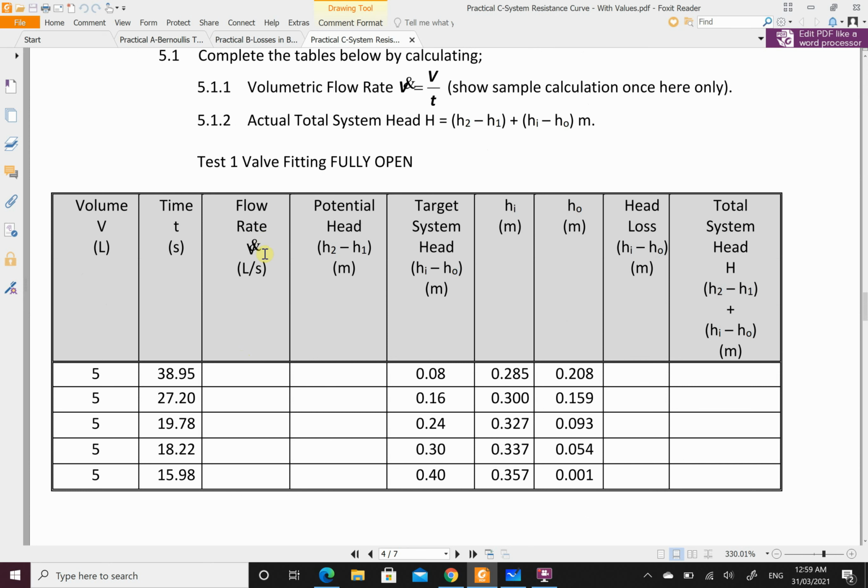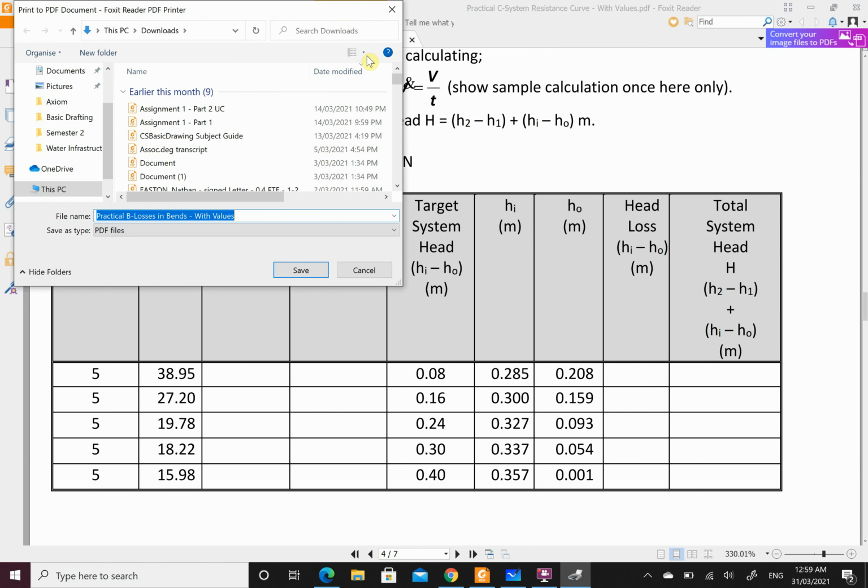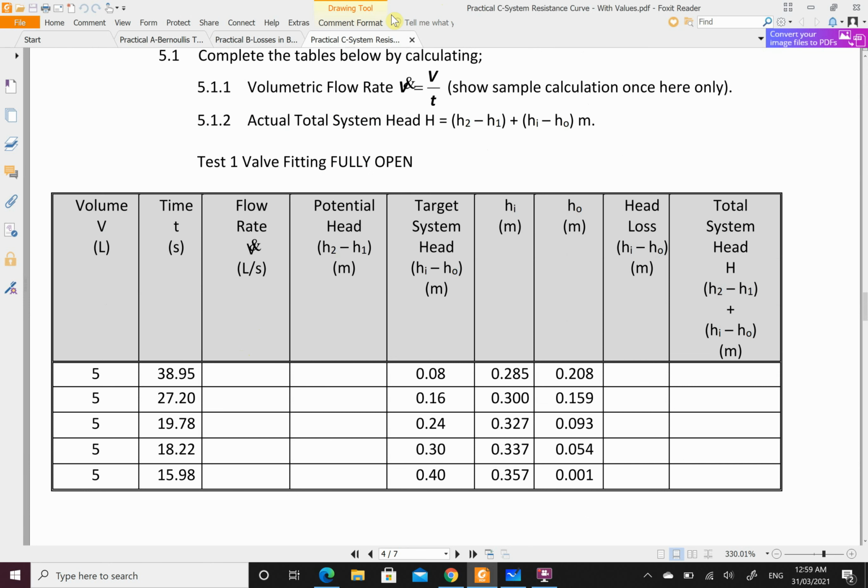our flow rate. How are we going to work this out? Our flow rate is in liters per second. So volume over time. I know my volume, I know how long it took. Divide them by each other, so 5 divided by this will give me my flow rate in liters per second.